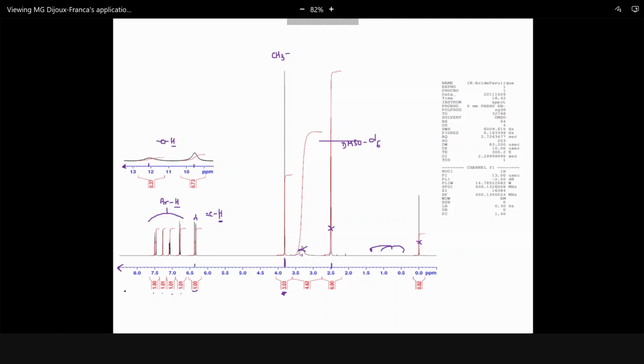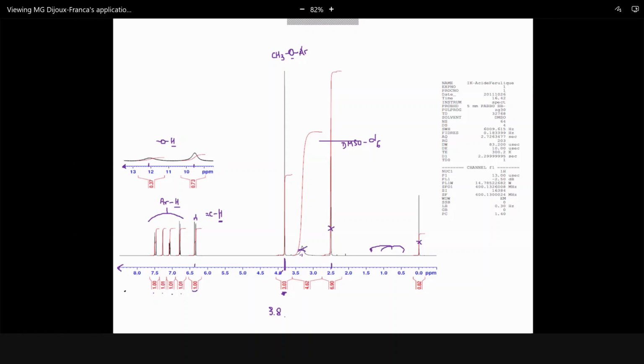But here we are very deshielded compared to this standard value. We are around 3.8 ppm. And this corresponds to a methoxyl group on an aromatic ring.